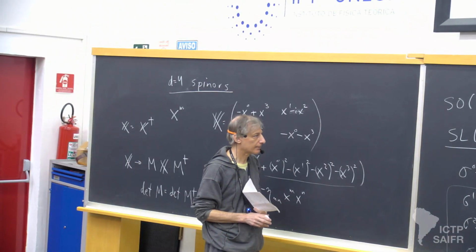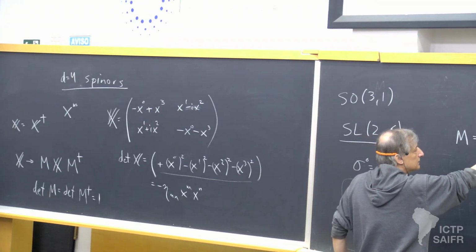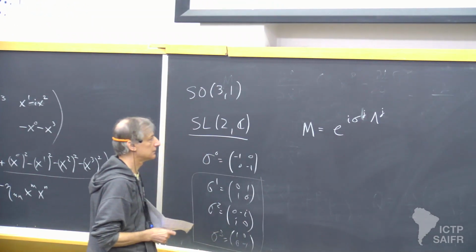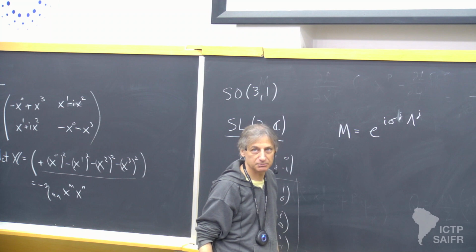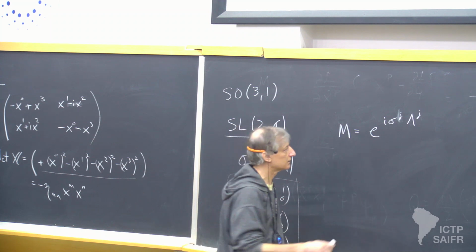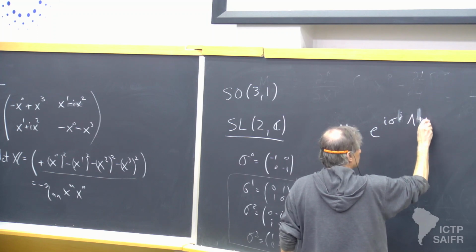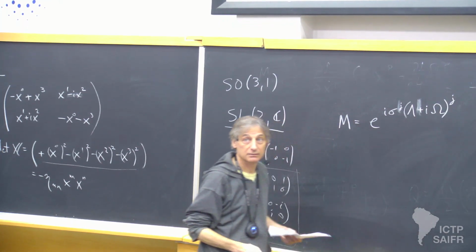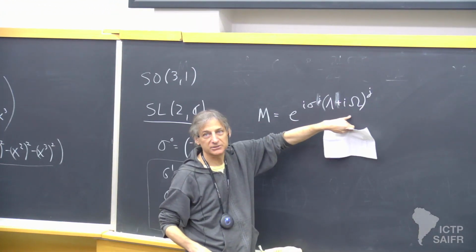So that means we can parameterize M in terms of these lambdas and these Pauli matrices. But of course, the lambdas can be complex. So if you want, you can split it up into a real part and an imaginary part. Let's call it lambda plus i omega. So you have 3 complex parameters here.